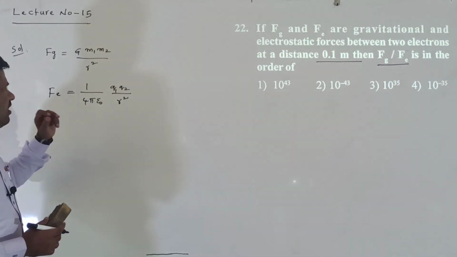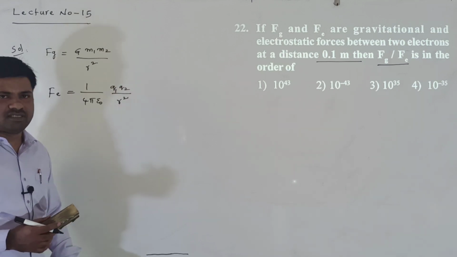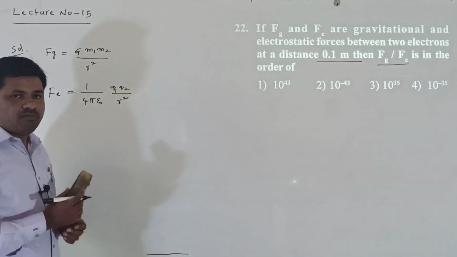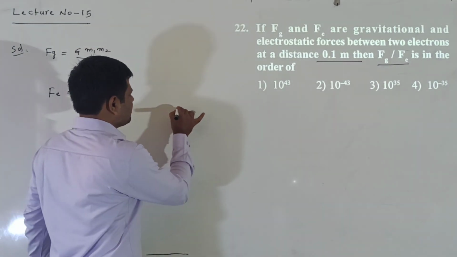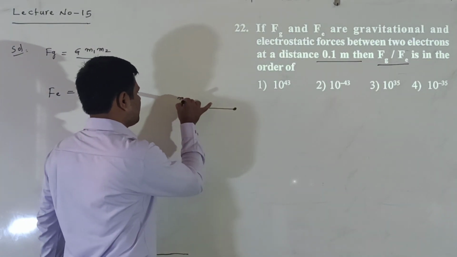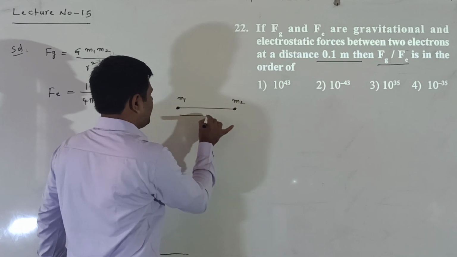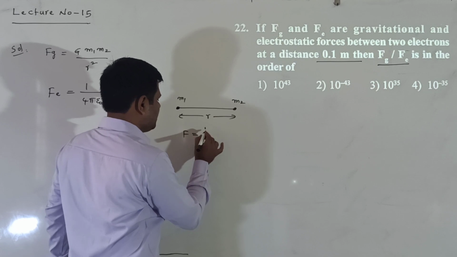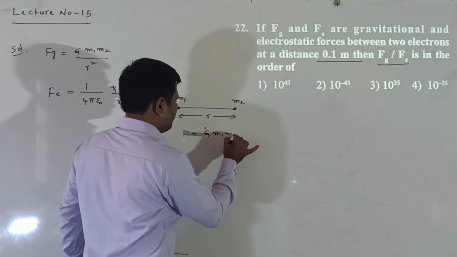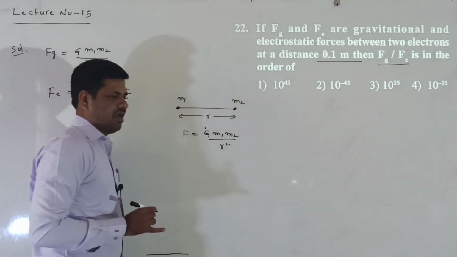I will give this value. And q1 and q2 are the charges of the two bodies, and r is the distance between the two charges. Similarly, for masses m1 and m2 separated by a distance r, the force between them is G m1 m2 by r square. This is Newton's law of gravitation.